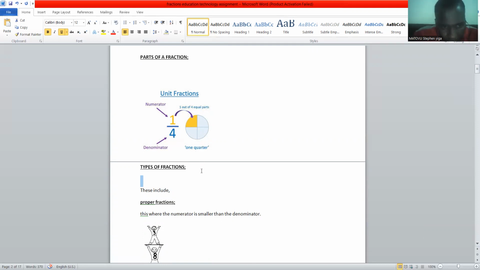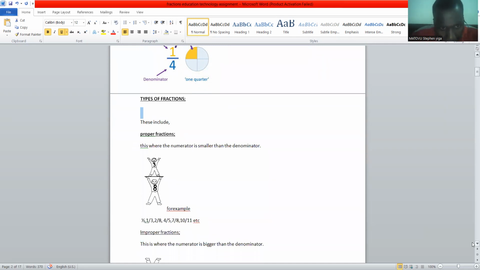Types of fractions. Of course, we have several types of fractions, but I'll tell you the ones we use most. These include the proper fractions.